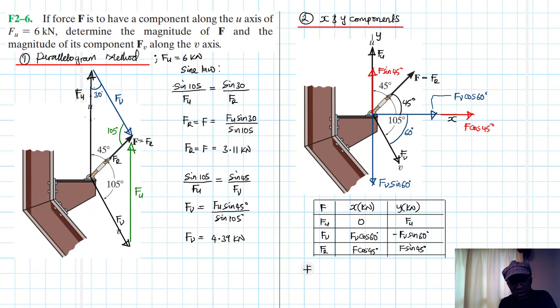So the equation is Fux plus Fvx is equal to Frx. Alright.